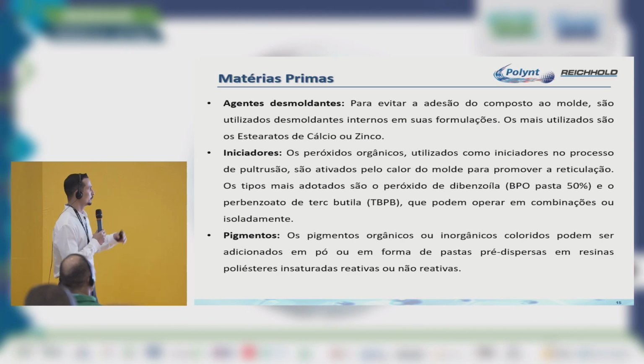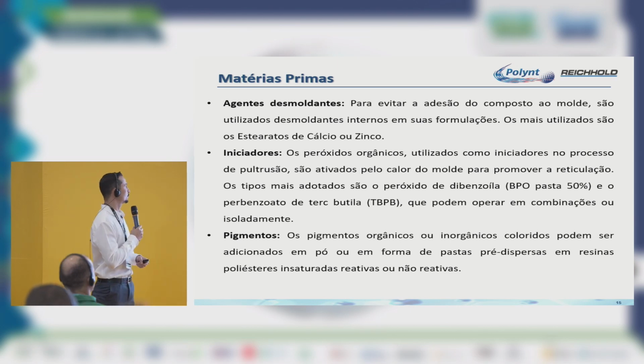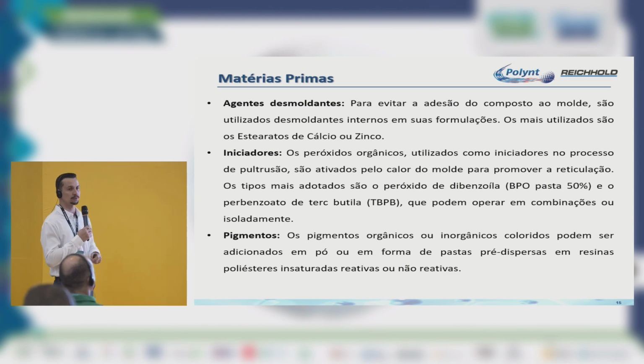For the release agents, the main characteristic is to avoid the compound adhering to the mold. Calcium or zinc stearates are most widely used. In terms of the curing agents, these are organic peroxides.